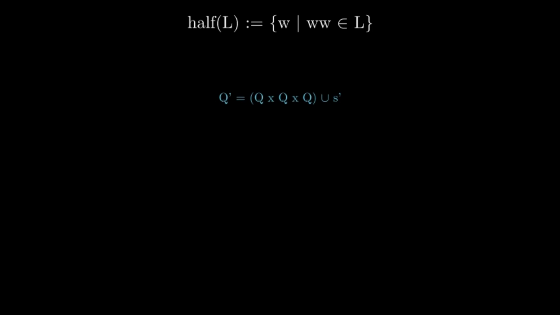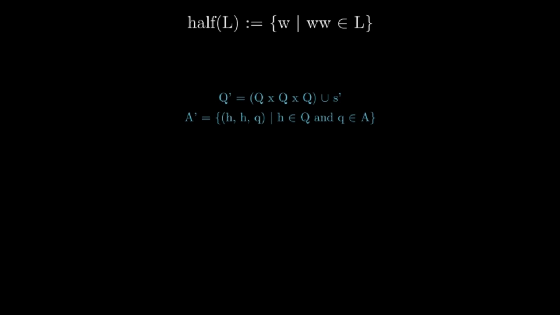The accepting states of our new NFA should be states where the simulation from the original starting state ends at the guessed state. We also need the simulation from the halfway state to end at an accepting state. We can write this as follows.